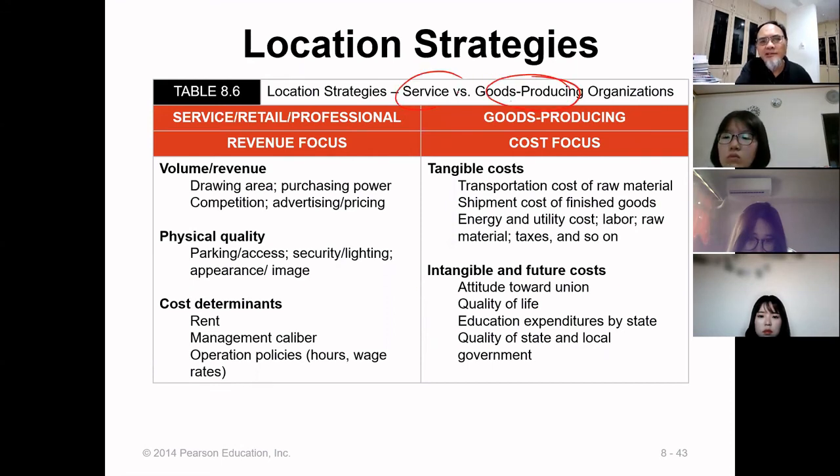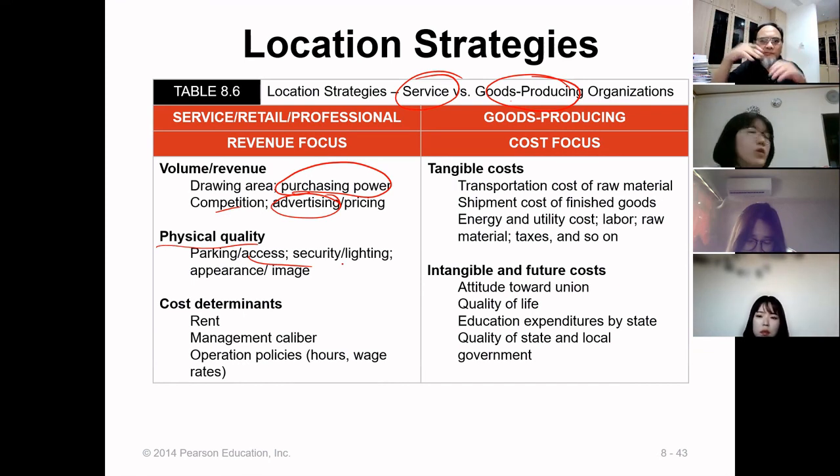Difference between goods and services location. In service, the volume and revenue depend on the drawing area, the purchasing power, the advertising, the physical quality, parking access. McDonald's wants to set up a new restaurant in an area.